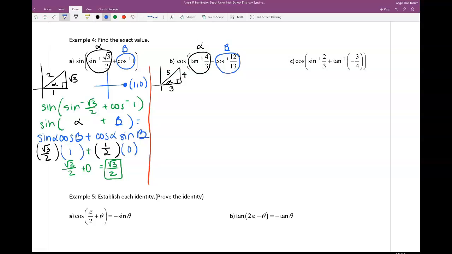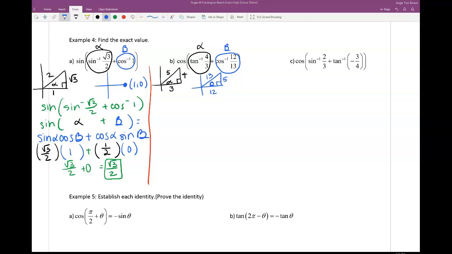Then I'm going to draw beta. Cosine is restricted in 1 and 2 and is positive. I'm going to put it in quad 2. It's adjacent over hypotenuse. This is 5, 12, and 13. This is one of the special triangles as well, right? So this is 5. Okay, cosine is adjacent over hypotenuse.